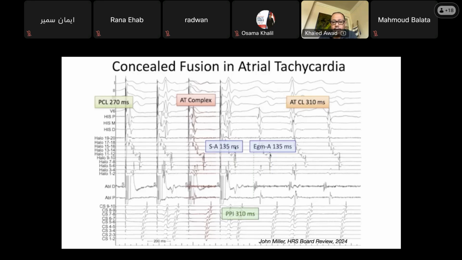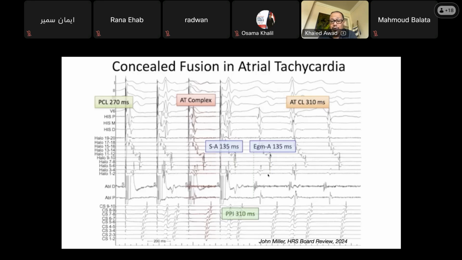Another measurement, another relationship to think about here is the stim to atrial electrogram versus electrogram, local electrogram to another reference electrogram. So for example, stim to A versus EGM to A. This is exactly what we do in VT when we entrain VTs. You know, stim to QRS versus EGM to QRS.